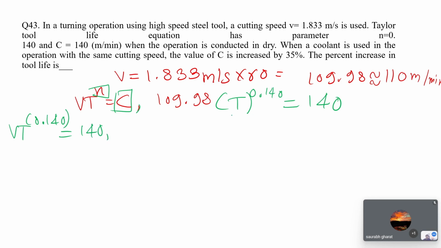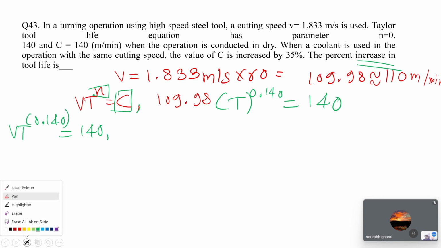And what they have asked for is the percentage increase. So right now we are calculating for percentage increase. How can you calculate it? I am showing from this part.